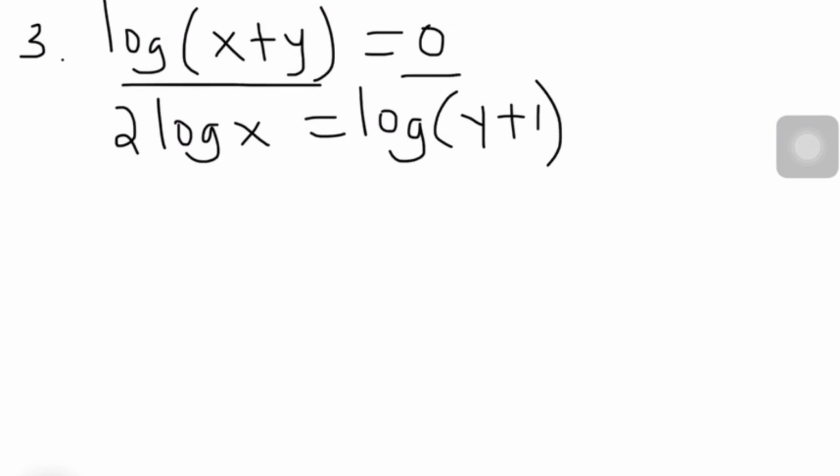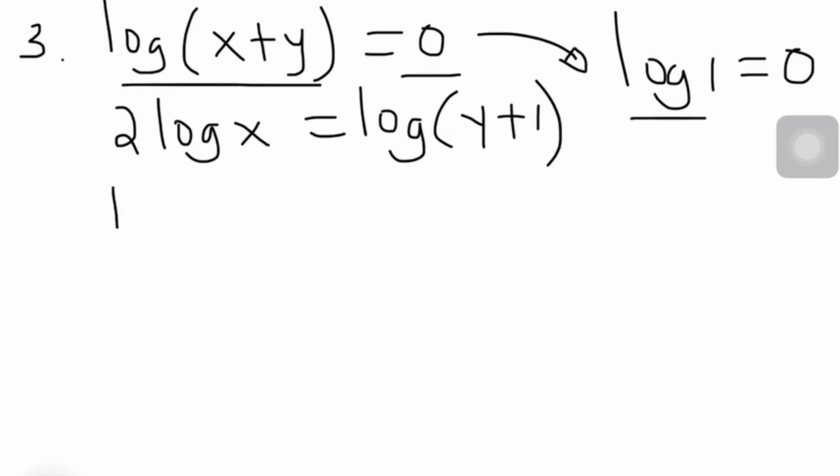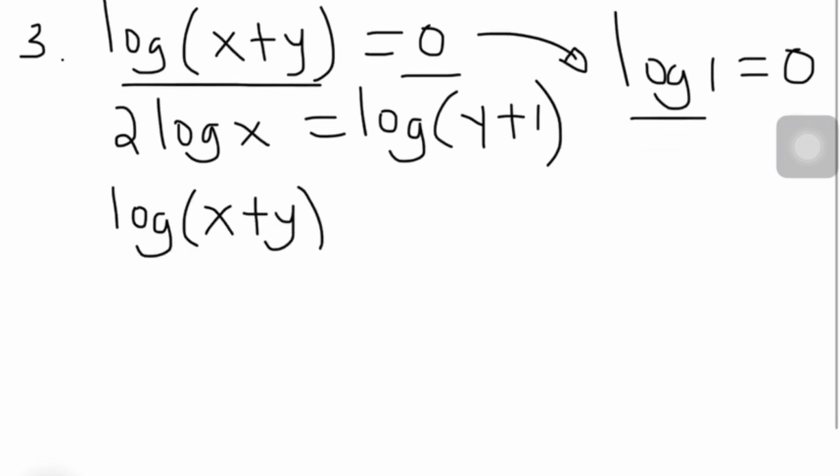So we have to change this 0 into a log something. Remember that log 1 is equal to 0. Log 1 is the same as 0. Therefore, this 0 is going to be replaced with log 1. So we are going to have log of x plus y is equal to log 1.